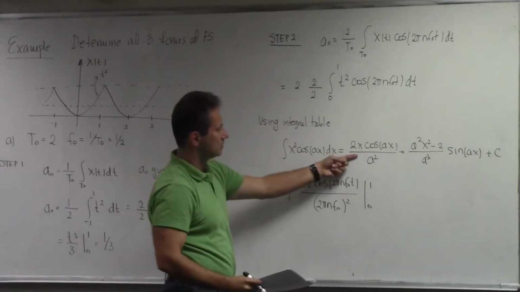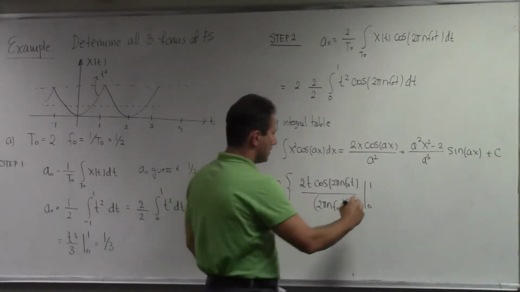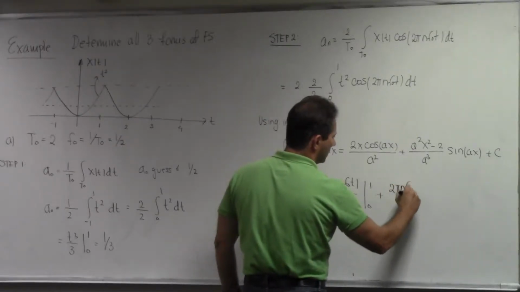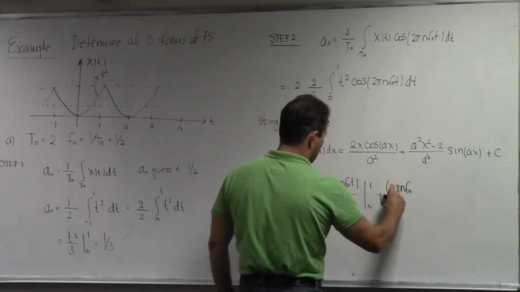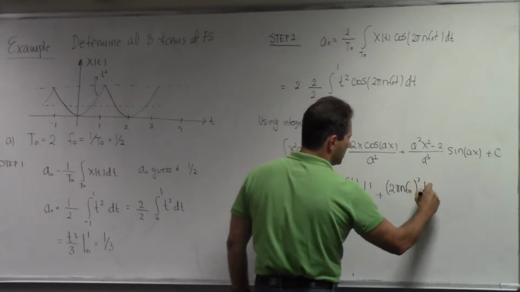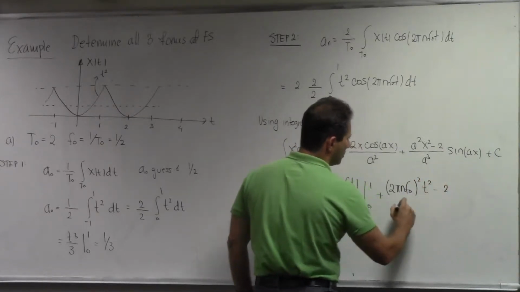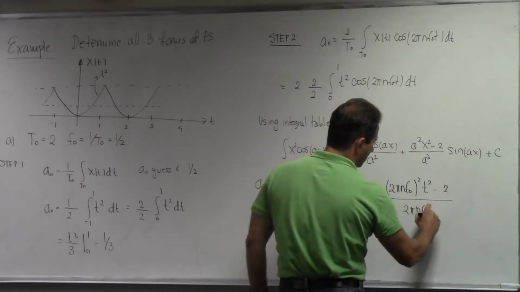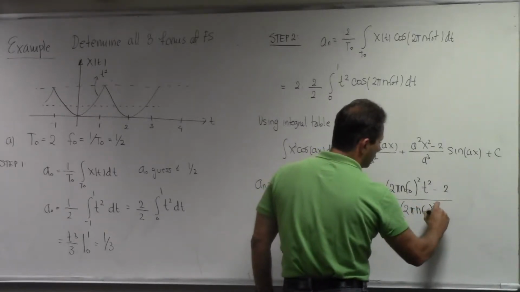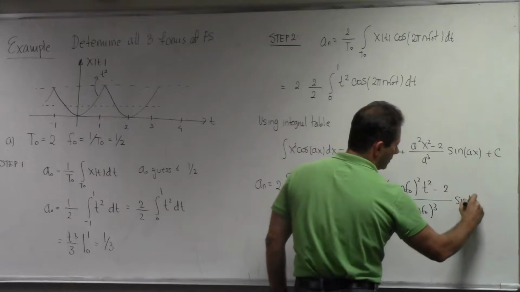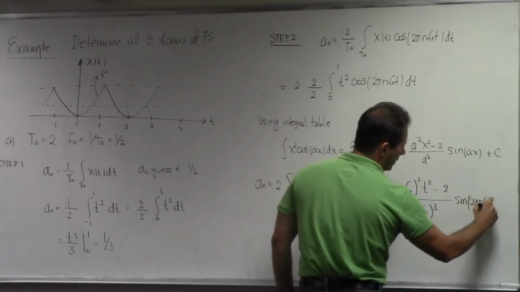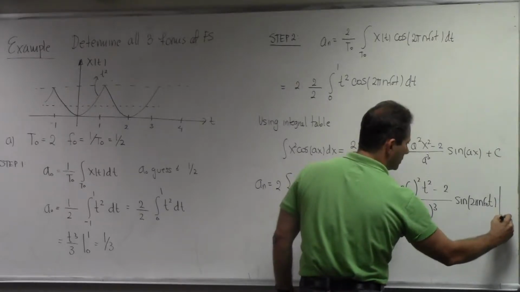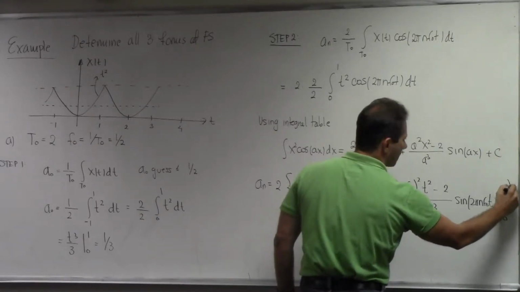That's this first term, plus a squared, which is 2 pi n f0 squared times t squared, minus 2 over 2 pi n f0 cubed, sine 2 pi n f0 t evaluated from 0 to 1.